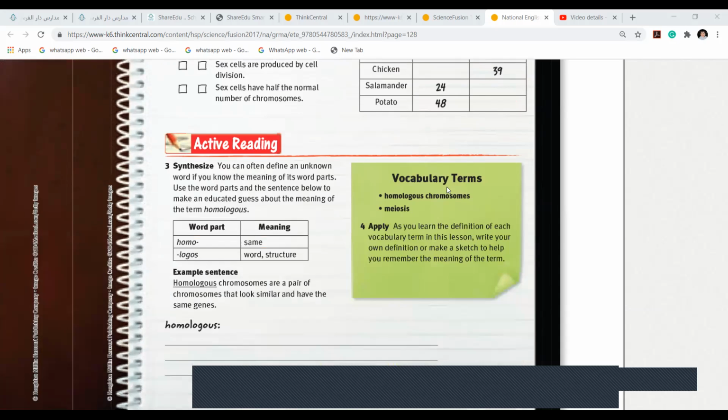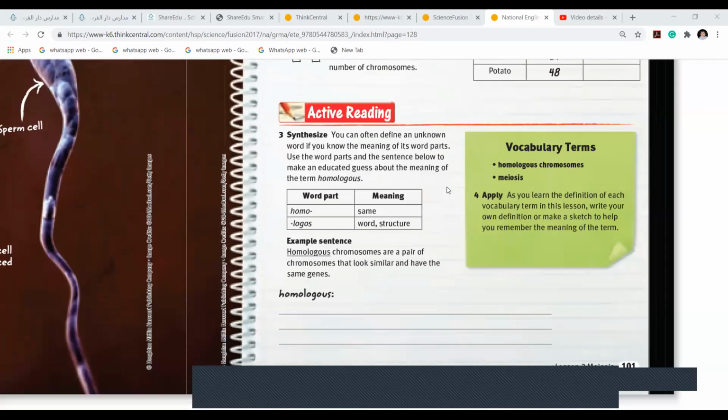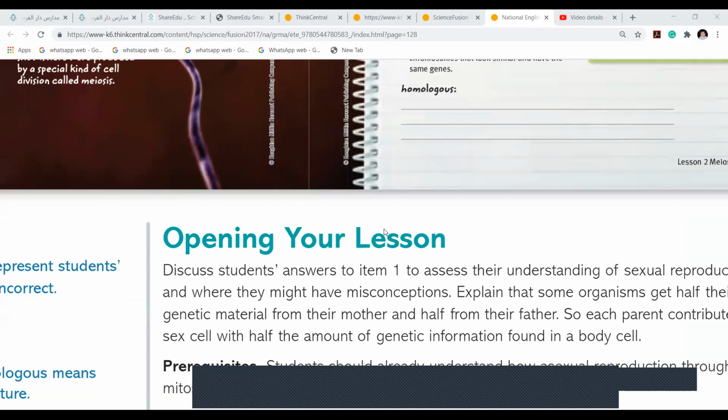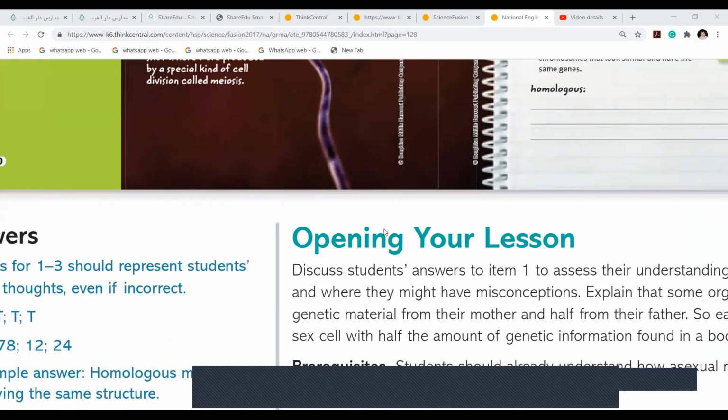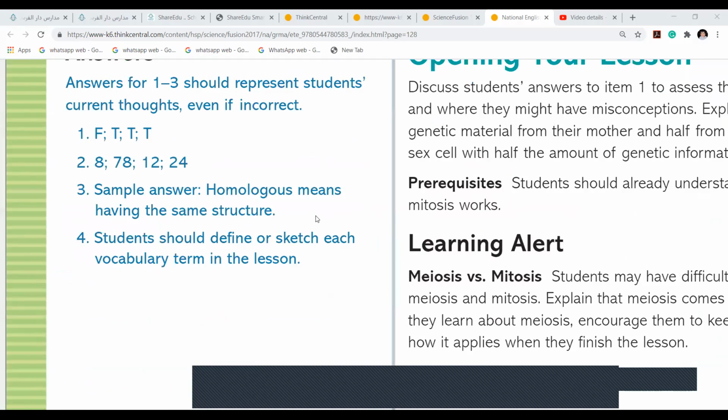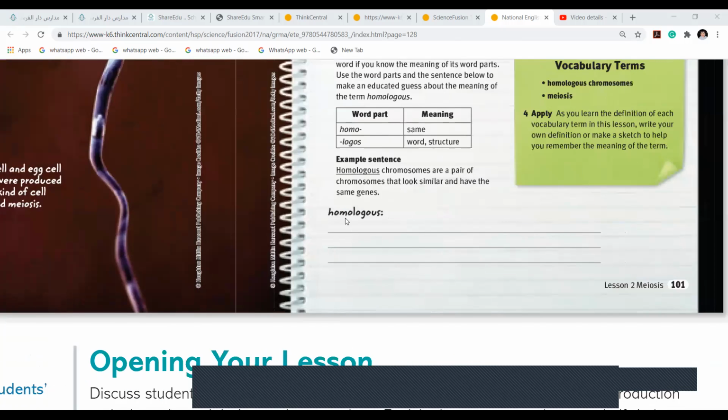There is only 2 vocabulary. Yes, but the explanation is too much here. Homologous. What is the meaning of homo? Homo means same. Logous means structure. What are homologous chromosomes? They look exactly the same. Now coming to the definition, homologous means having the same structure. If you want, you can write it down now.